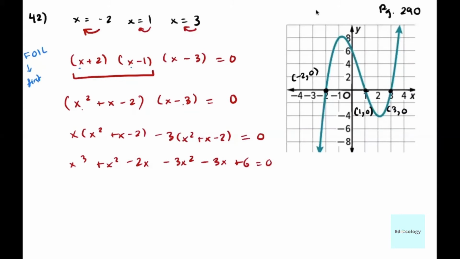So the like terms here are x squared, -3x squared, -2x, and -3x. You add them, and your final answer would be, okay, write it equal to f of x. This will be your polynomial for this graph.